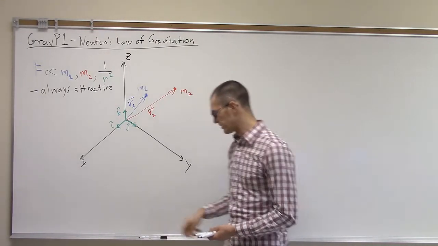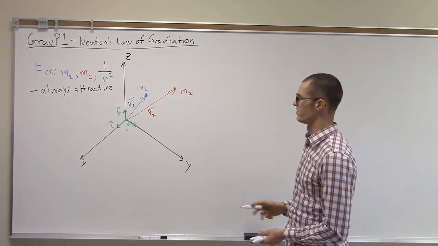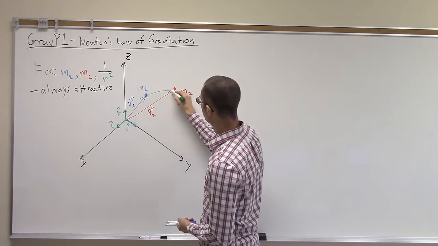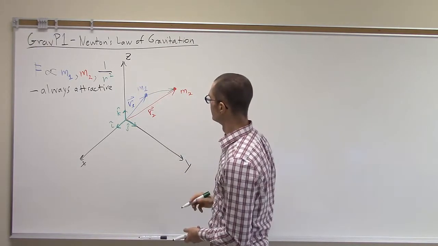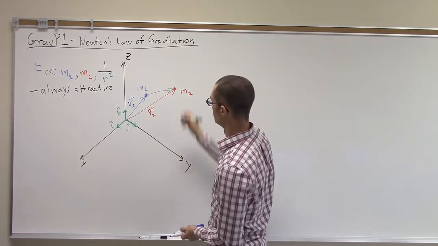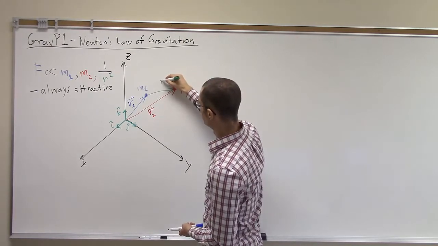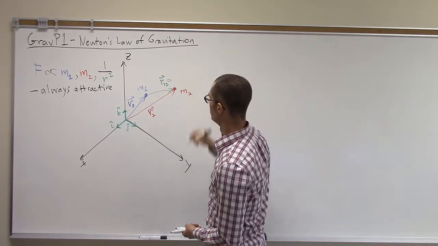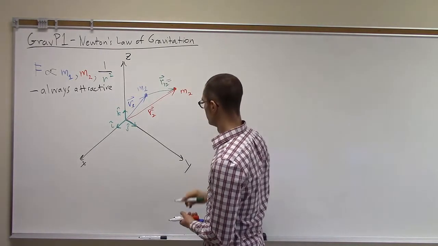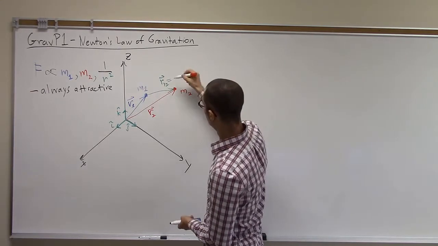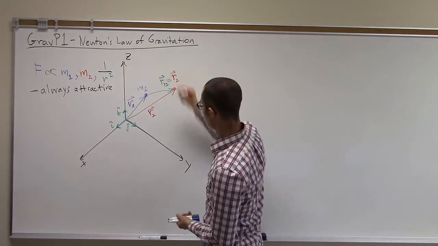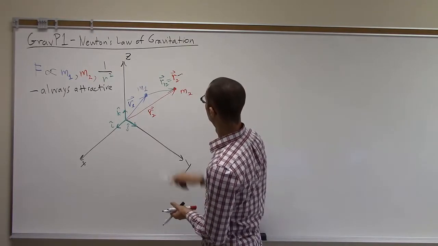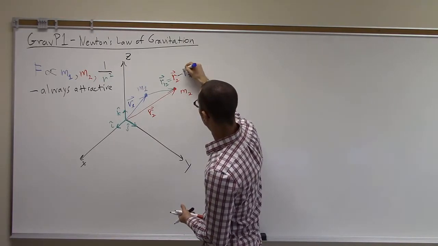So how can we actually express that? First, it helps to draw a vector between the two. So I'll draw this vector, which gives us the direction from 1 to 2. I'm going to call this vector R12. And R12 is equal to R2 minus R1.